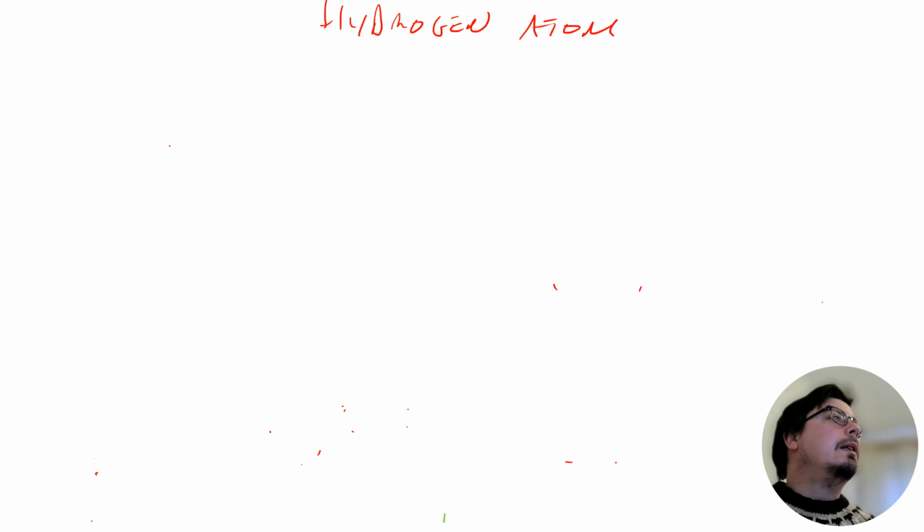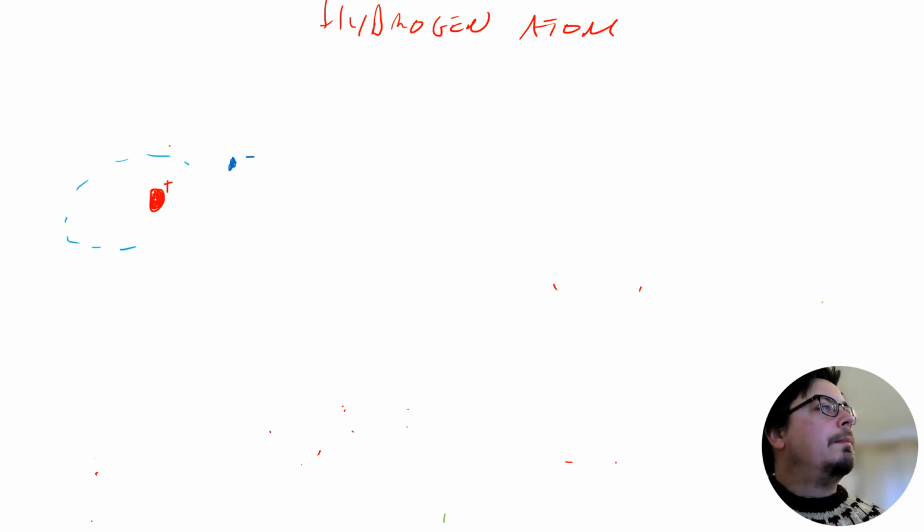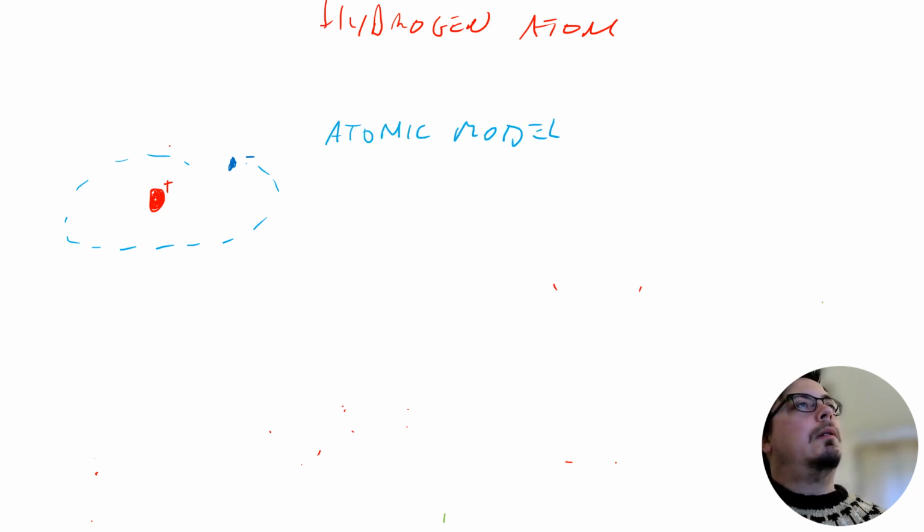We said that the idea of the electron orbiting around the proton like a planet around the nucleus is an atomic model. I don't remember who came up with this. A long history of people worked on that.